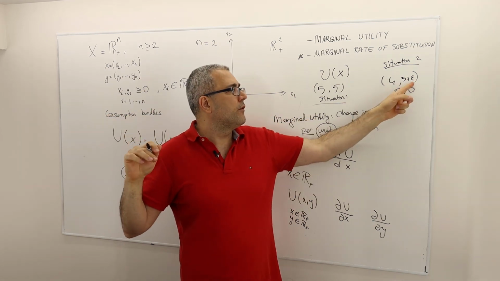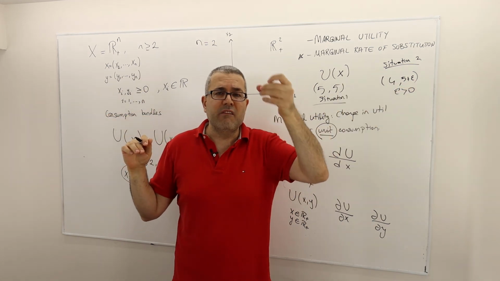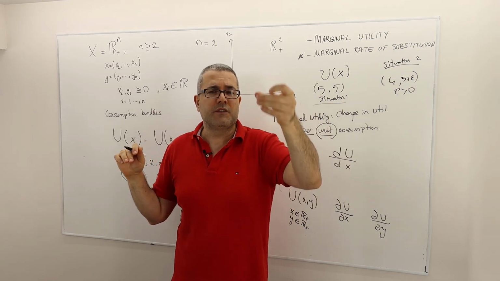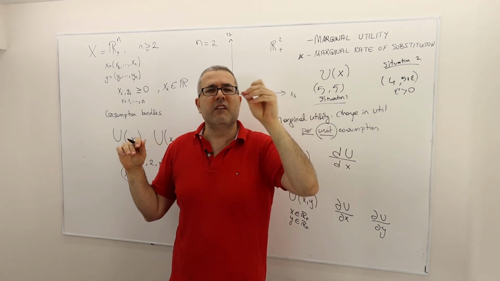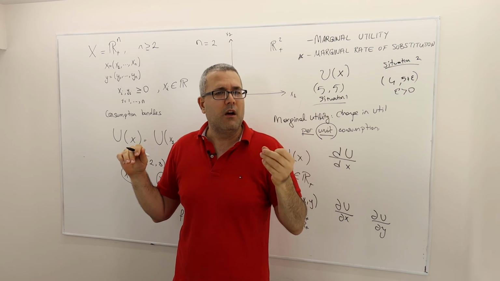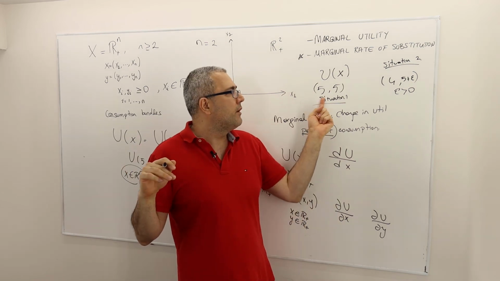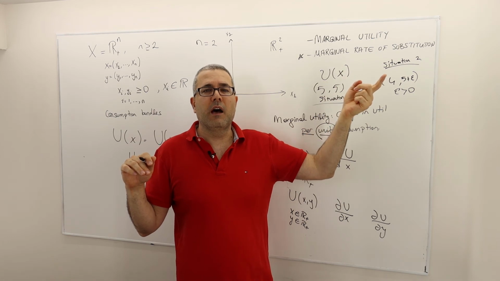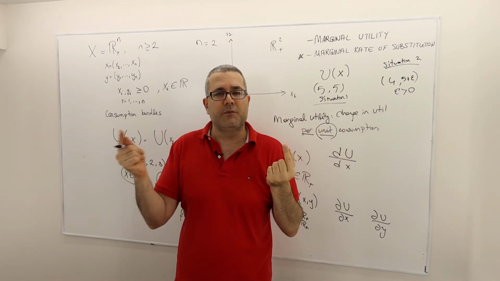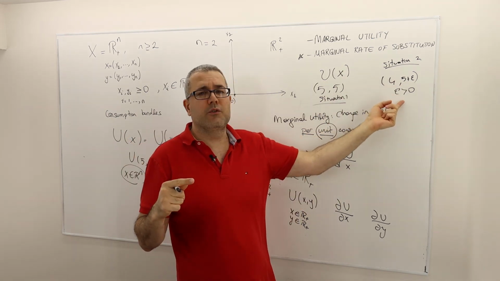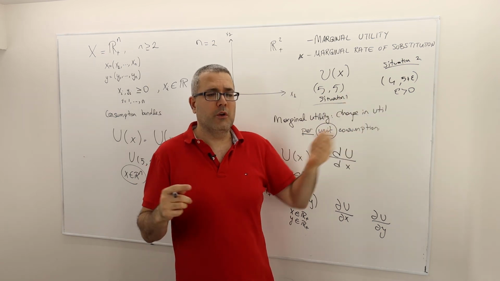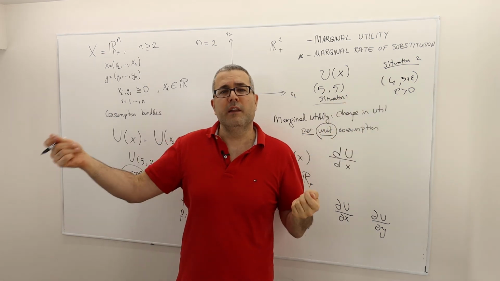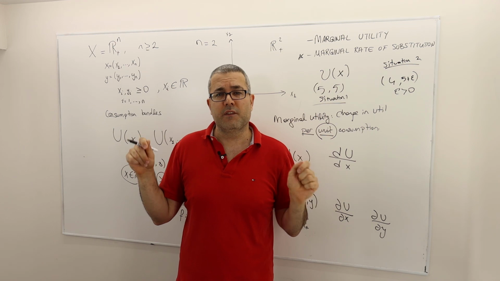That amount gives me the rate of substitution. Well, it's not marginal, but it gives me the rate of substitution. For 1 apple, I need to consume epsilon additional bananas. That is the rate of substitution. If epsilon is equal to 2, it's 1 to 2: if I give up 1 apple, I need 2 additional bananas.